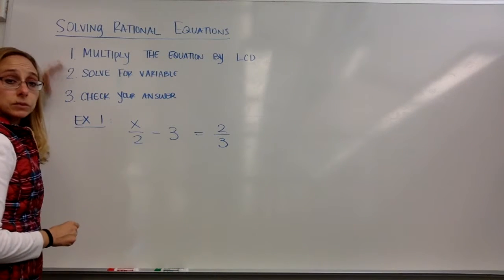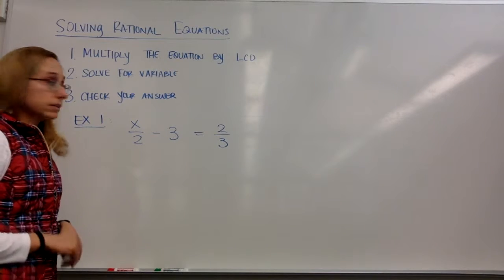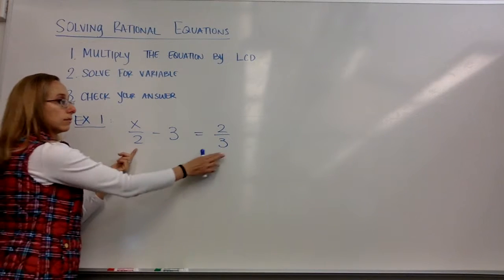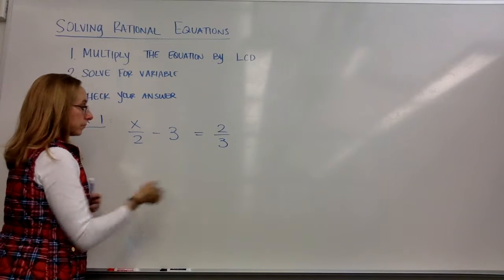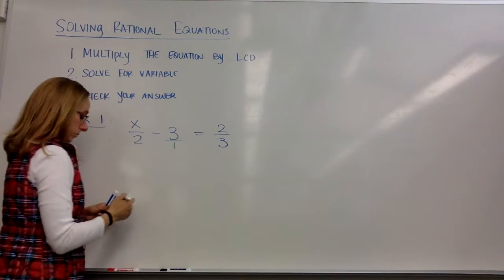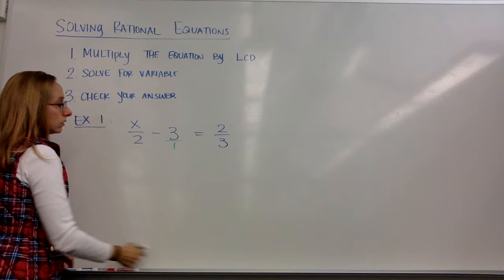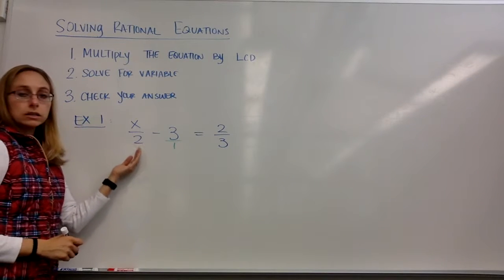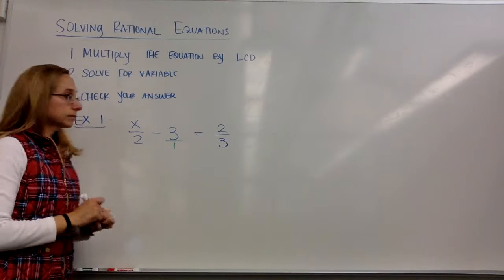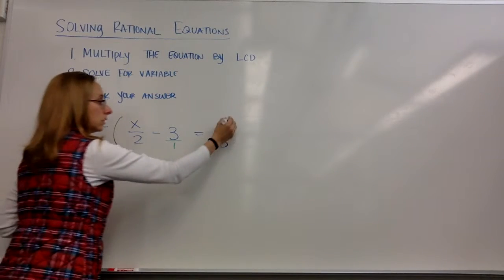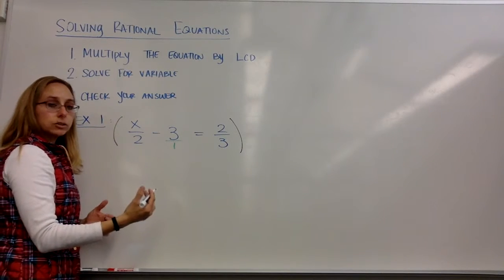The first step is to multiply by the least common denominator. We have 2, we have 3. Any number is itself over 1. So the least common denominator between 2, 1, and 3 is 6. So we want to multiply the entire equation by 6.